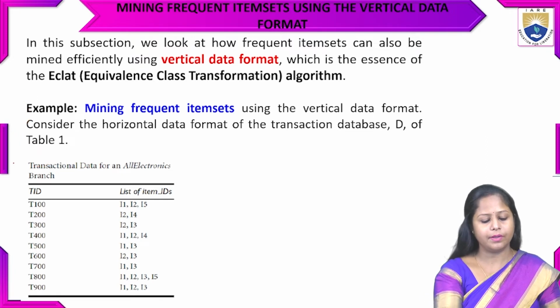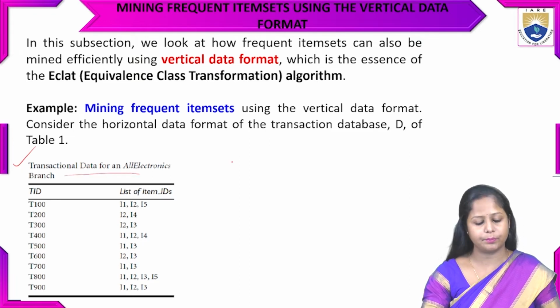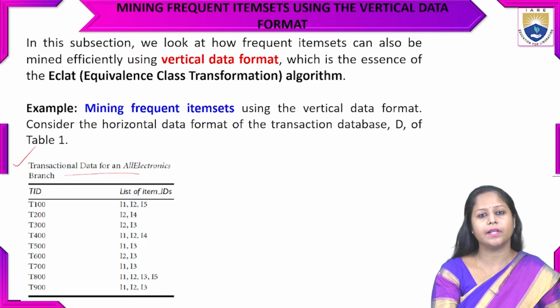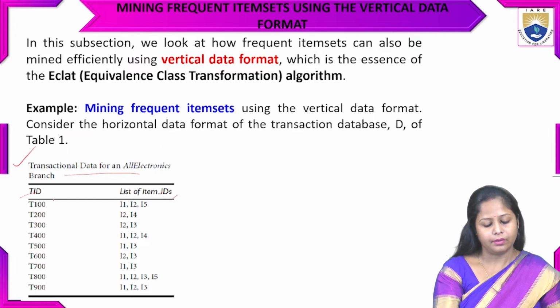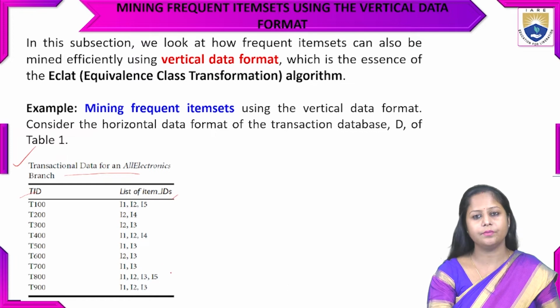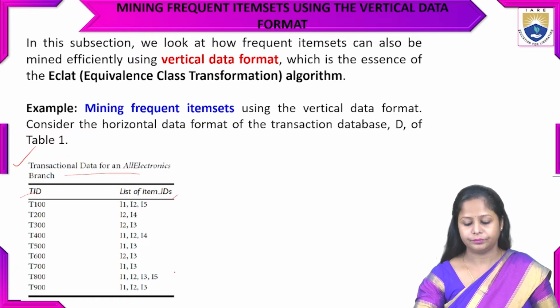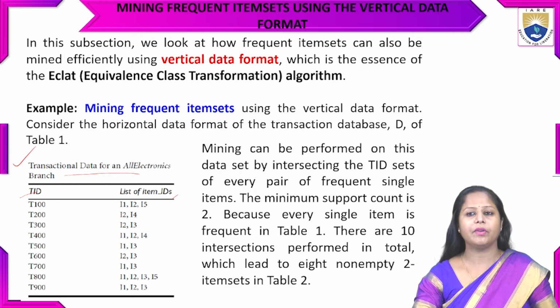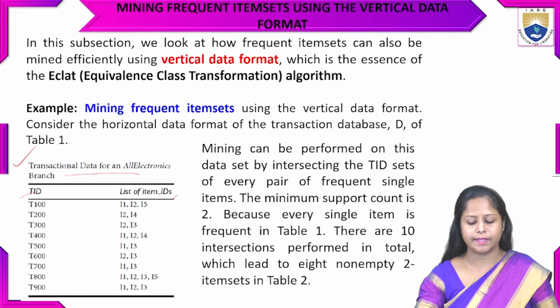This is the example, the transactional data for the AllElectronics branch. It has the transaction ID and the list of item IDs, with 10 transaction records and their lists of items. Mining can be performed on this dataset by intersecting the TID sets of every pair of frequent single items.